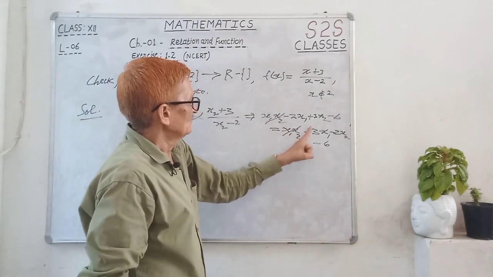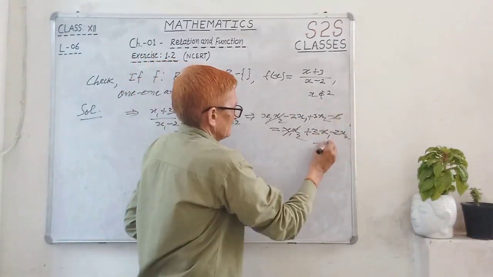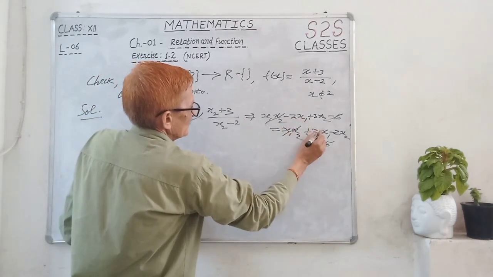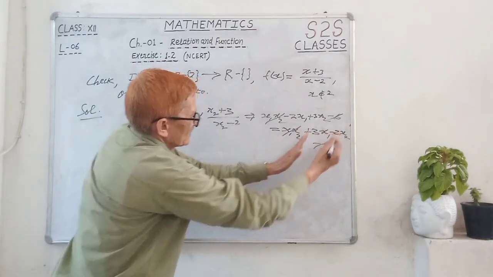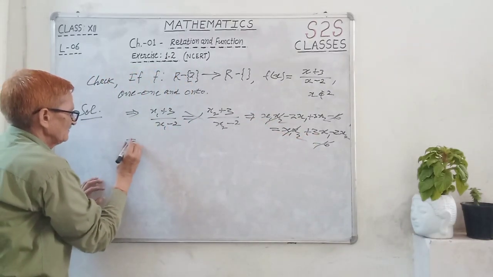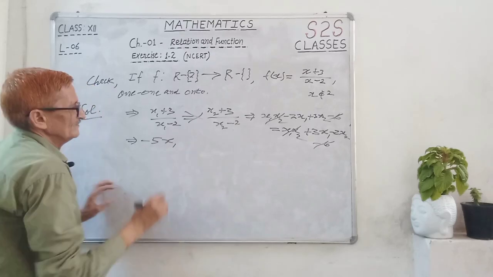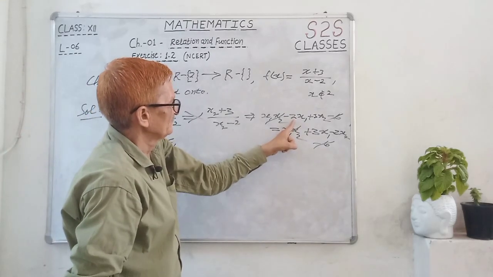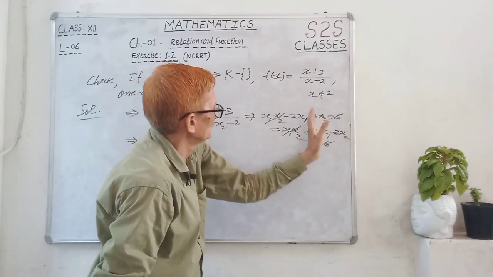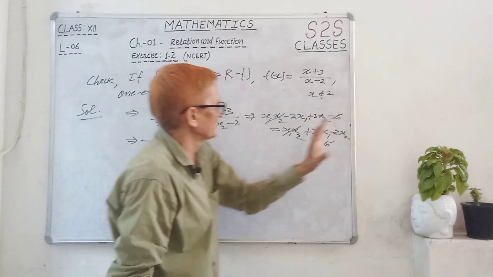Now take one side x2 and take one side x1. Minus 6 and minus 6 cancel out. Now take one side x1, so minus 2x1 and this plus 3x1 will come this side. Minus 2 and minus 3 is minus 5x1, minus 5x1 is equal to this 3x2 will go right hand side, minus 3 minus 2 is minus 5x2.